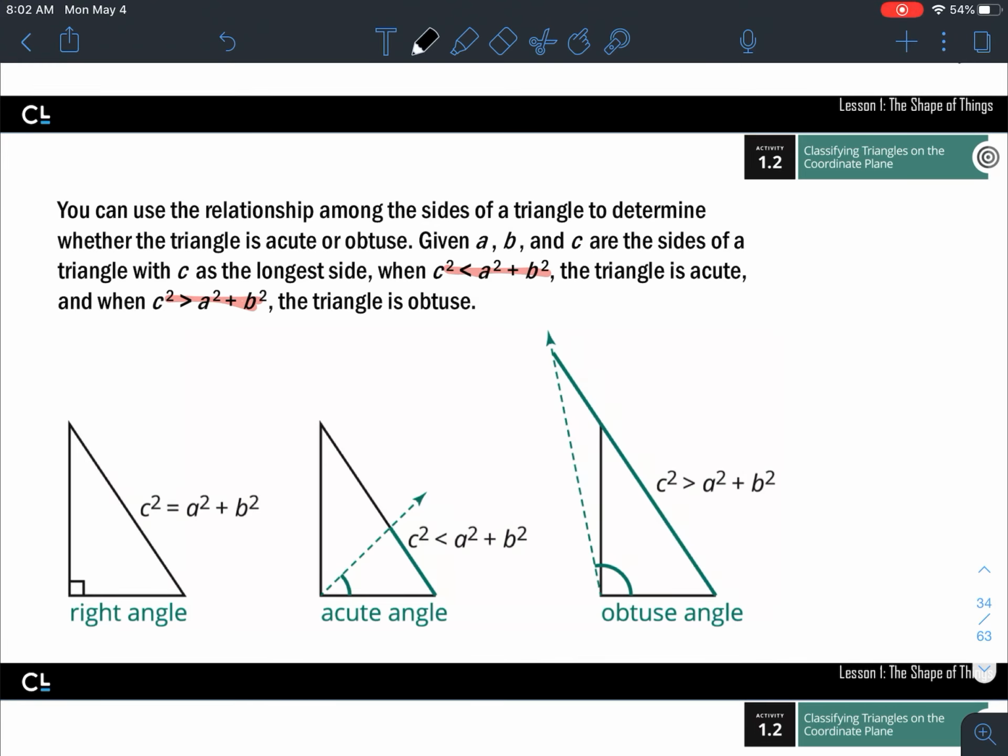Acute is when C squared is smaller than A squared plus B squared. And obtuse, which is bigger, 90 or larger, is when C squared is larger than A squared plus B squared. So essentially this is 90 degrees, less than 90, greater than 90, is what you need to know. Okay?